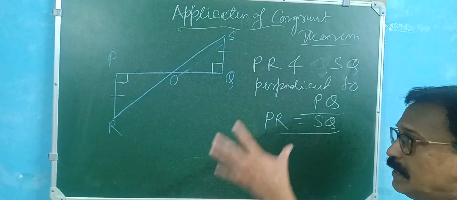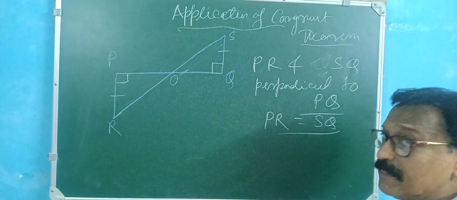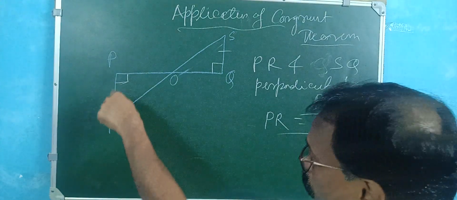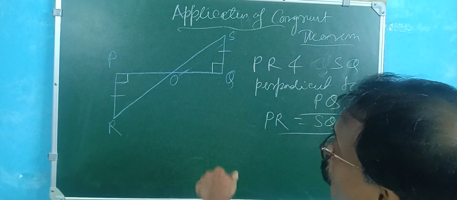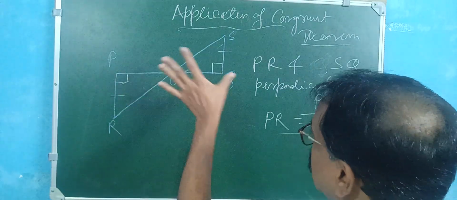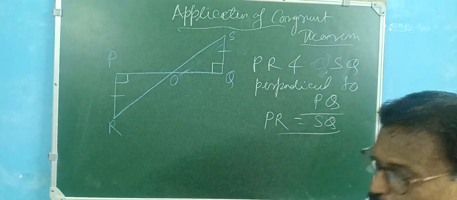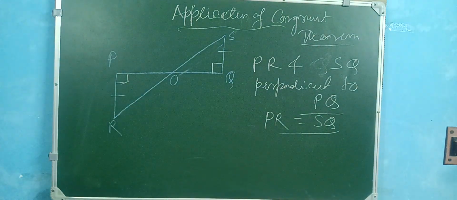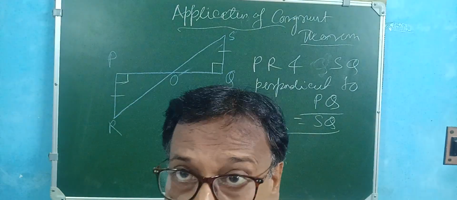In case of books, in case of question paper, that is the same way. The drawing is given, the given data is there. PR is equal to SQ, and RP or PR or SQ is perpendicular to PQ. Then we prove whether these two triangles are congruent or not.